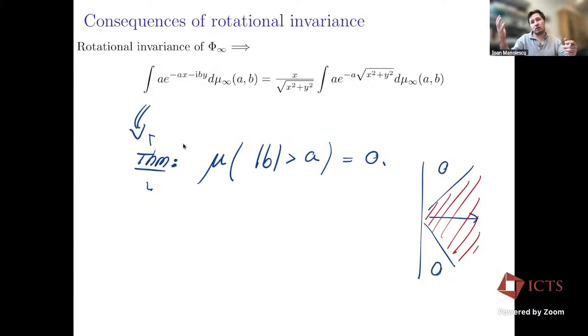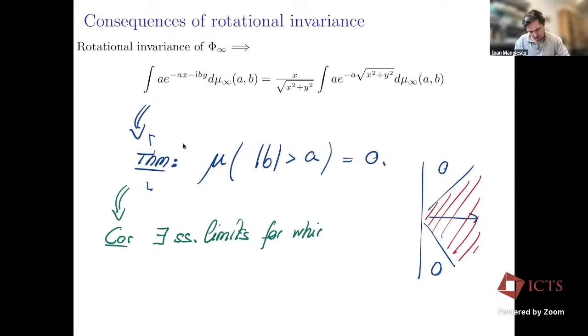But what you do get from this is this corollary that there exist subsequential limits for which A is equal to B almost surely, almost everywhere. And these are these GFF limits.